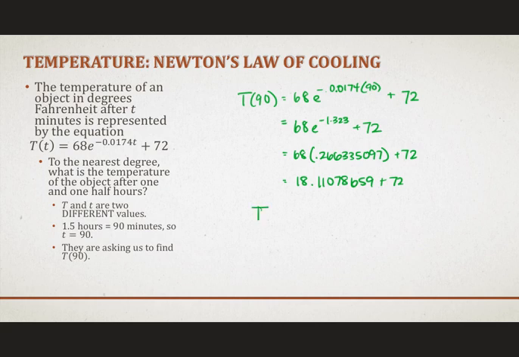So the temperature after 90 minutes is going to be 90.11078659. It says to the nearest degree, so we're going to round. After 90 minutes, we would expect this to be 90 degrees Fahrenheit.